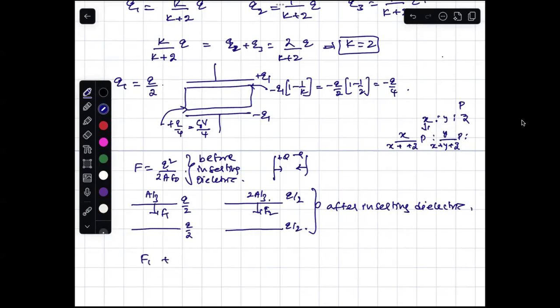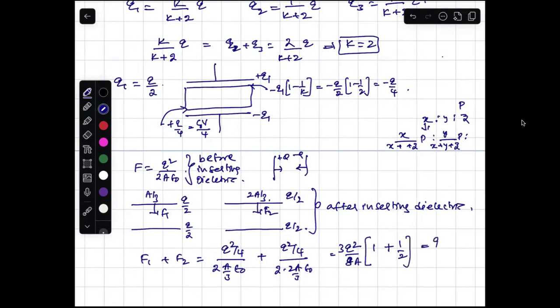So F1 plus F2 is Q square by 4 by 2 times A by 3 epsilon naught plus Q square by 4 by 2 times 2A by 3 epsilon naught. So here you are getting 3Q square by 4, not 4A, 8A common. What is the balance? 1 plus 1 by 2.